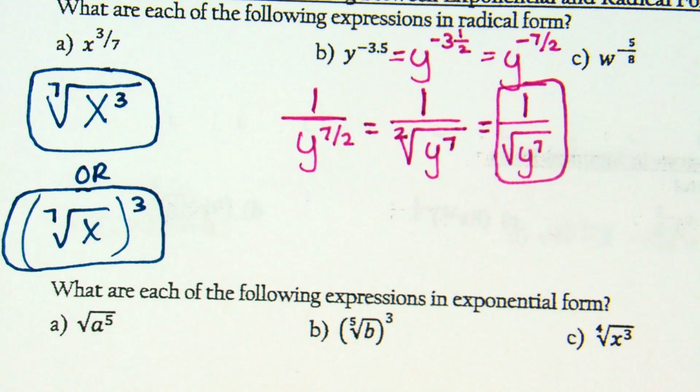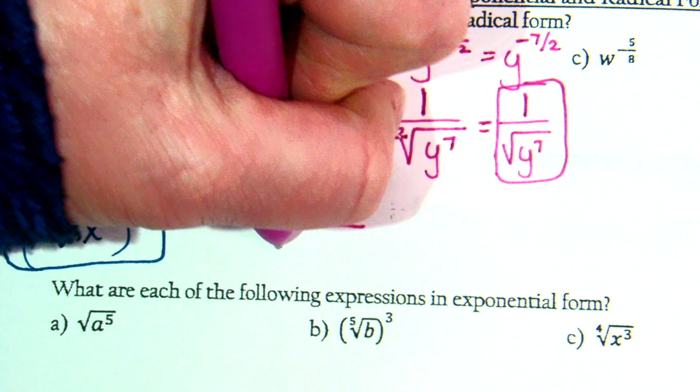And so I can simplify this a little bit. So my denominator is square root of y to the 7th. We have a perfect square of 6. And then if we say y to the 6th, the leftover piece is y to the 1st. So 1 over, what's the square root of y to the 6th? 6 divided by 2 is going to make it y to the 3rd.